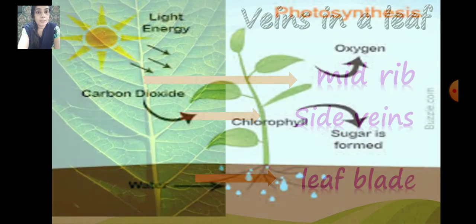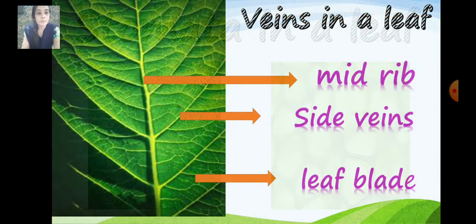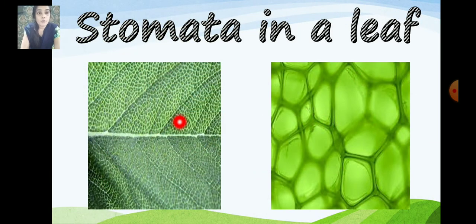Now let's see about the carbon dioxide. On the underside of the leaves, there are very small openings called stomata.